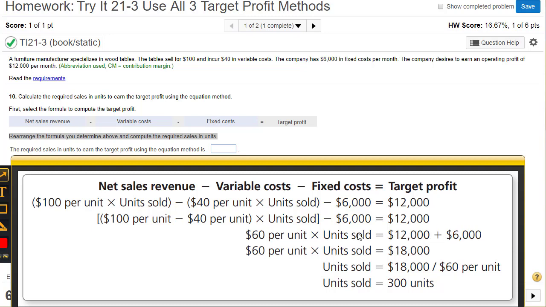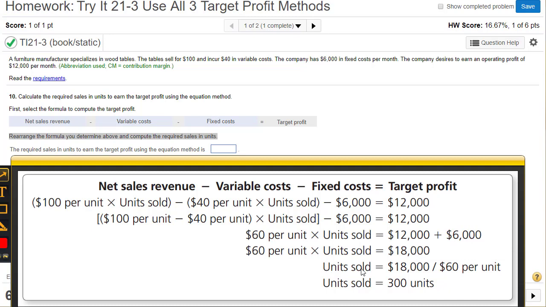So to go from this step to here, we're just going to add these two together, so it becomes $18,000. And then to go from this step down to here, we're just going to divide this side by $60 per unit. And remember, what we do to one side of the equation, we have to do to the other side. So we have to divide this side by $60 per unit.